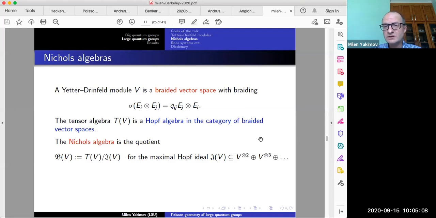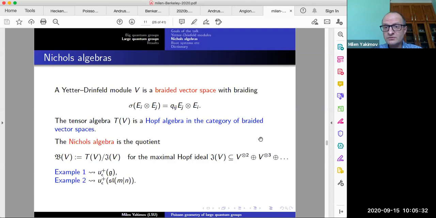And because of the universality, it has many other ways of defining it. For instance, this ideal can be characterized as the kernel of some bilinear invariant form. It can be defined as the kernel of some symmetrizers that are built from sigma. So the punchline would be that this simple construction generalizes the defining relations in all possible situations.